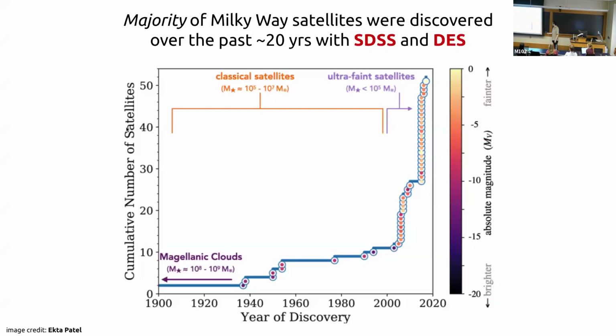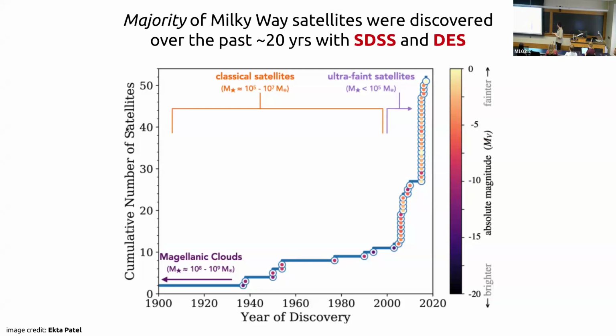Of course, the Magellanic Clouds have been known since antiquity, but then for all of these other dwarf galaxies right here, there was a really slow development in the number of satellite galaxies that we know around the Milky Way. It was driven by just looking at overdensities of stars in photographic plates.